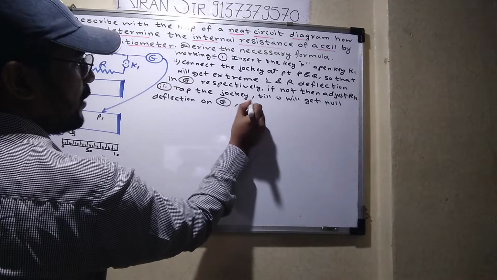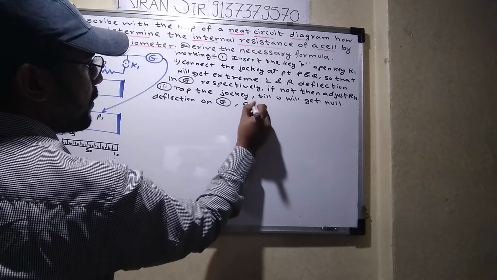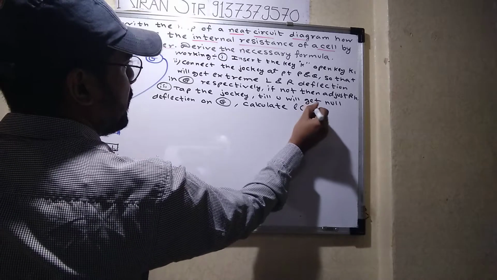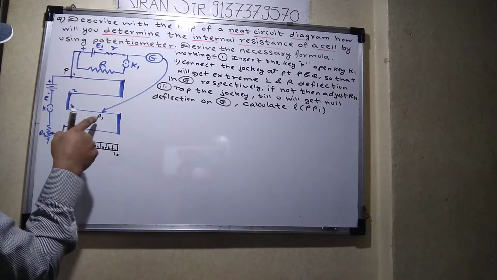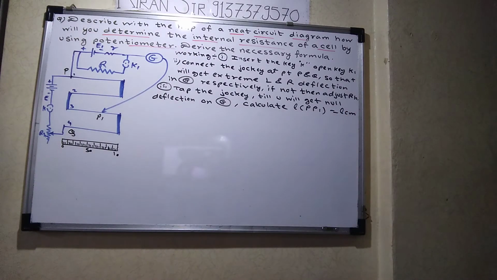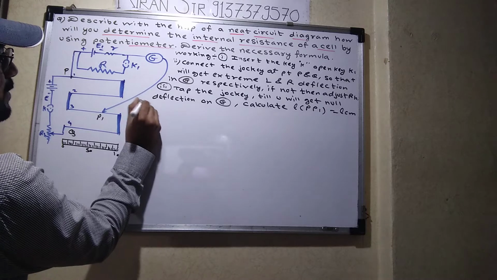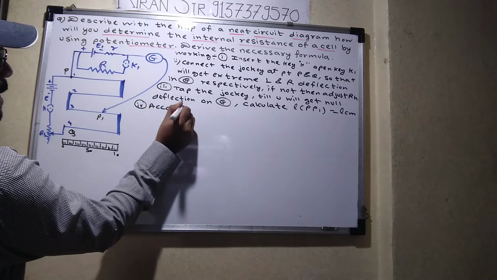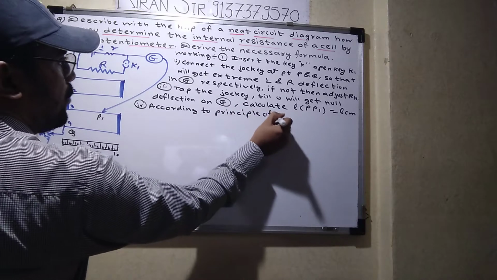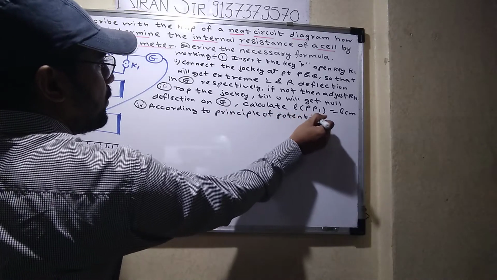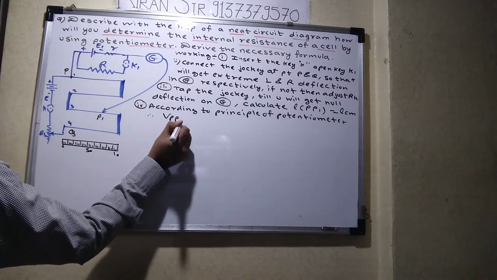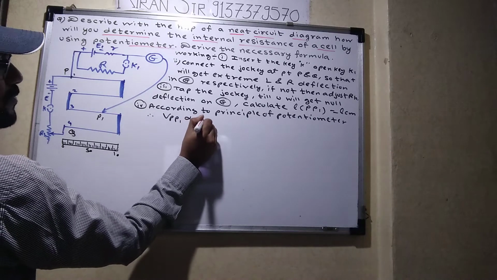Calculate the length PP1, from P to P1, and let that length be L1 centimeter. According to the principle of potentiometer, voltage from P to P1 is directly proportional to length from P to P1.